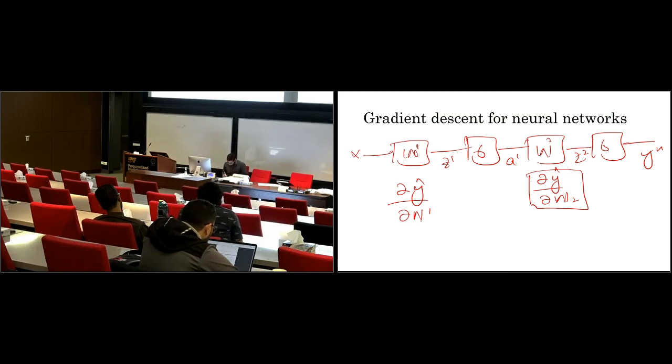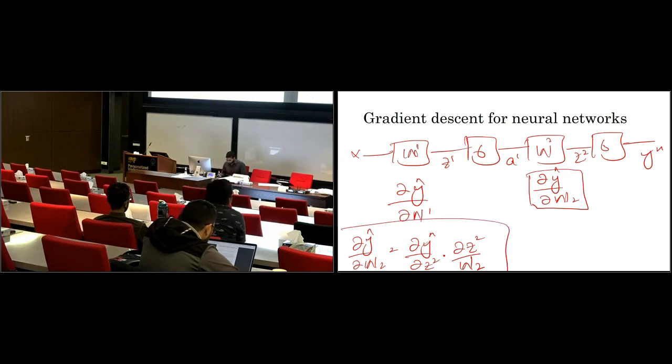So what would be the gradient of Y hat with respect to W2? That would be the gradient of Y hat with respect to Z2 times the gradient of Z2 with respect to W2, right? So that's one, you calculated it. Let's write the other one. You already have the gradient of Y hat with respect to Z2.